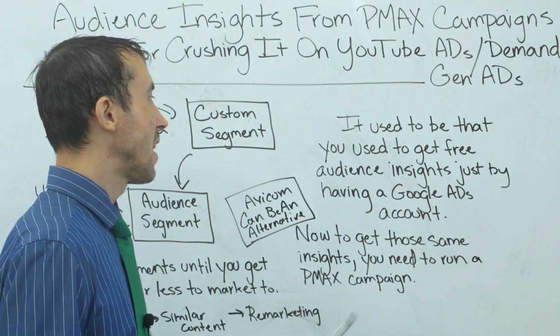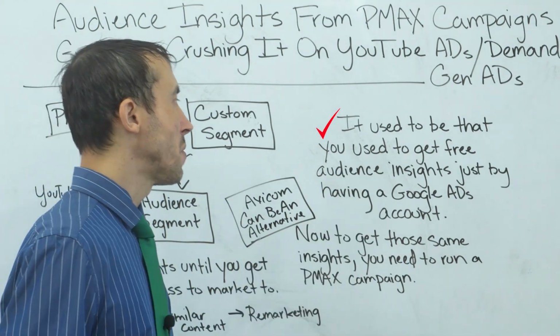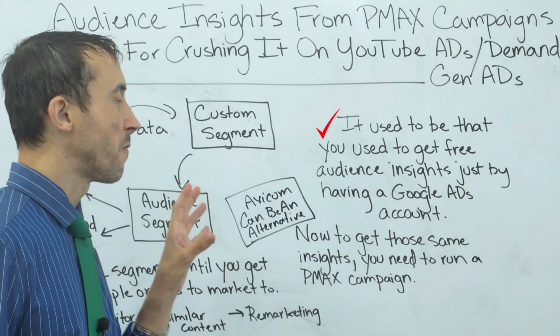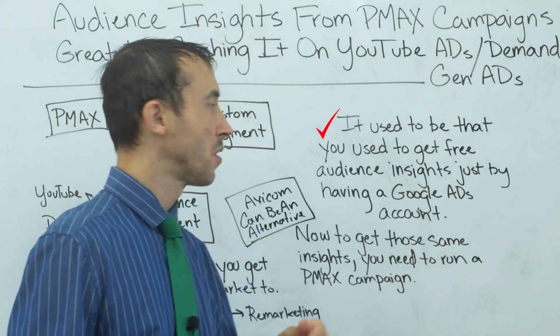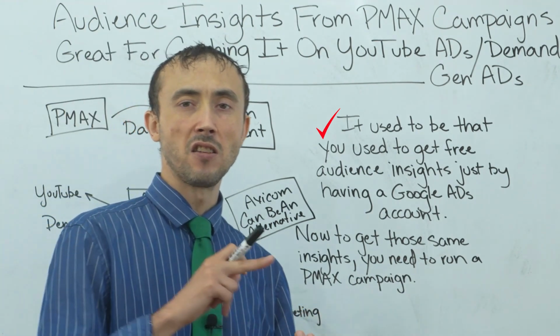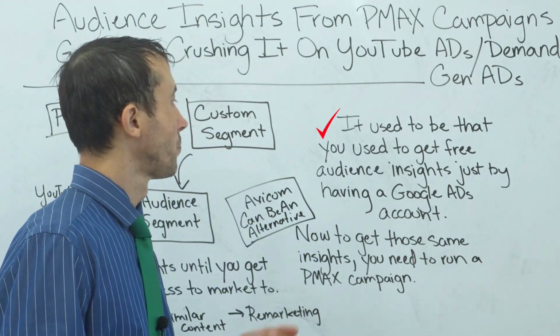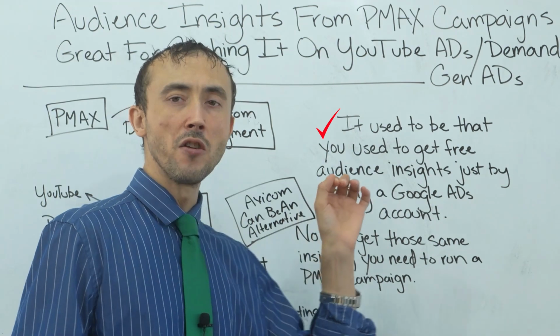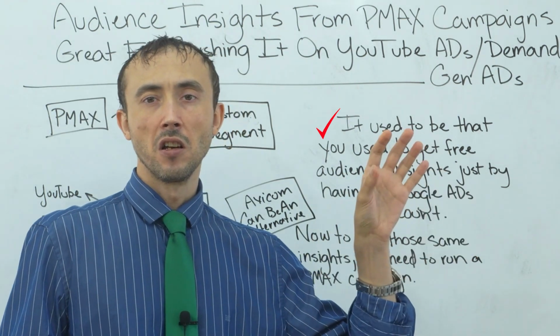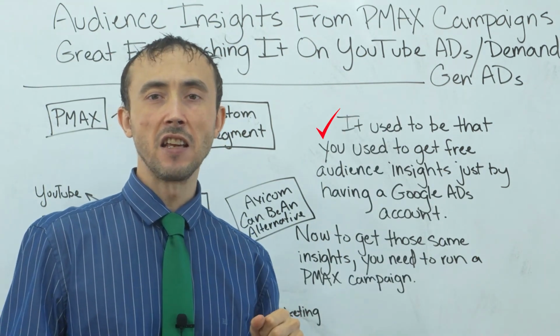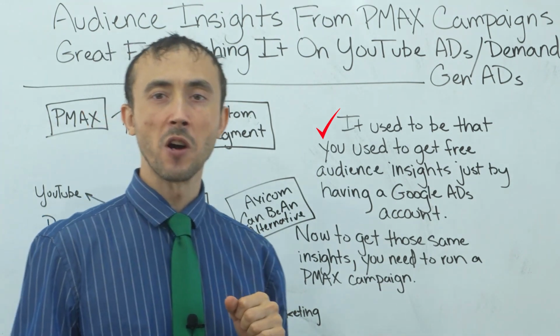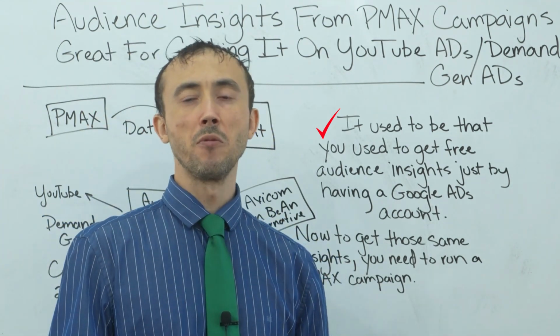So with that said, getting into the content, it used to be that you used to be able to get free audience insights, in-market insights, affinity segments from Google under your audience, in the settings of your ad account for free. They would tell you this information. It was beautiful.